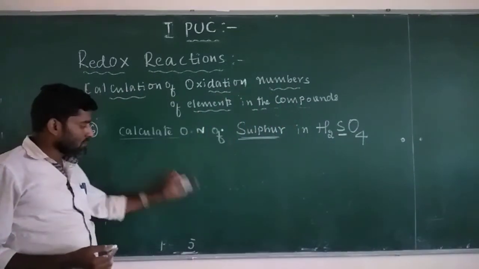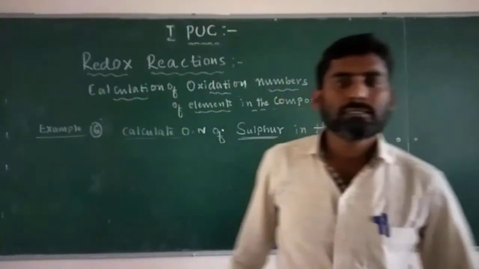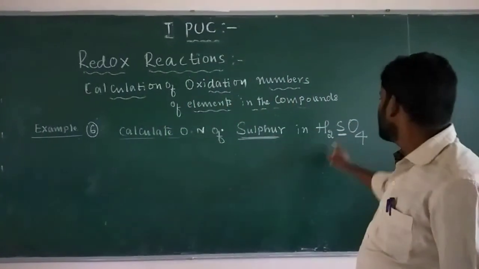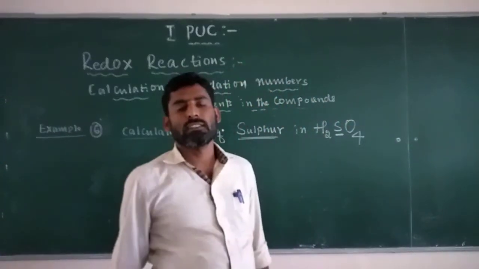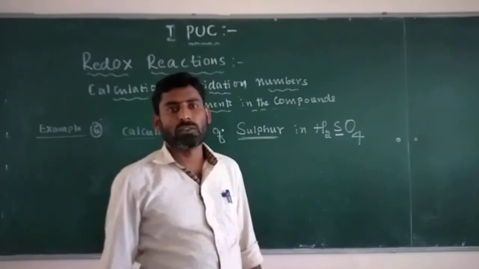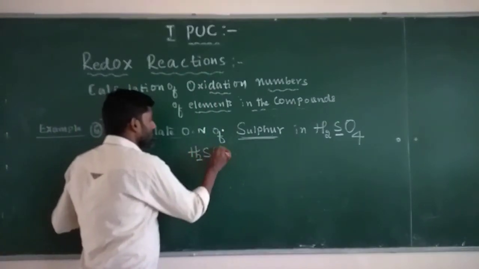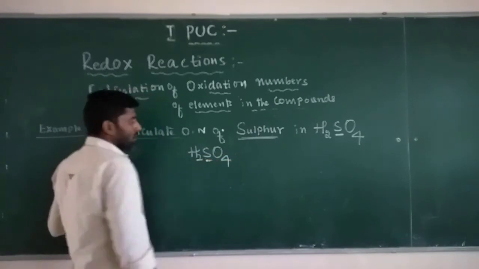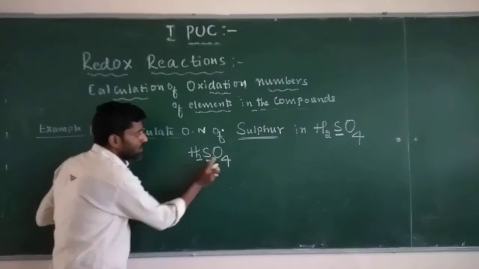In H2SO4, we have to calculate the oxidation number of sulfur, because we did not discuss the oxidation number for sulfur in our rules. So the given compound is H2SO4, and we have to find the oxidation number of sulfur using the oxidation numbers of hydrogen and oxygen.